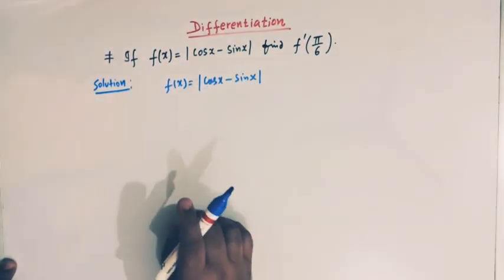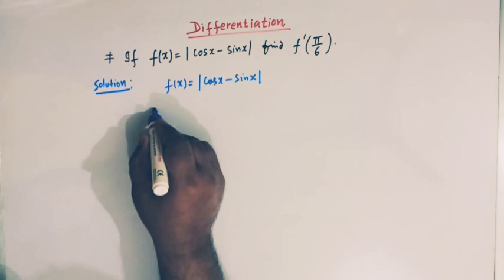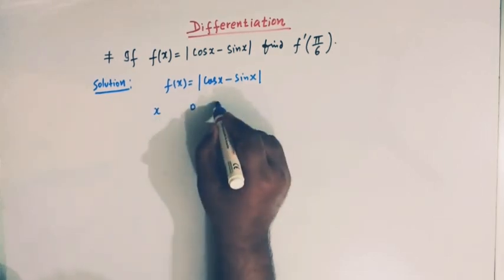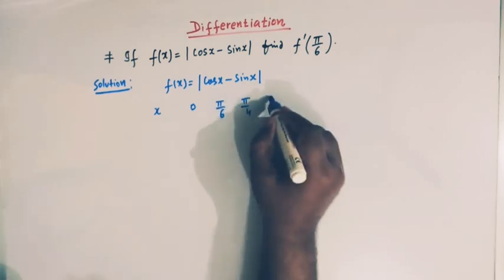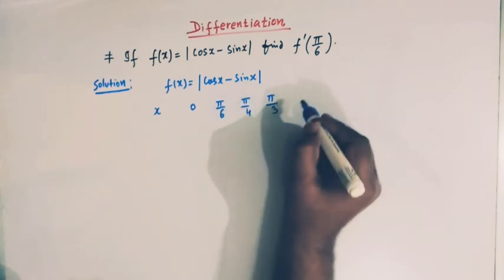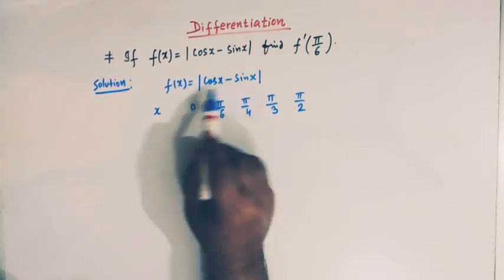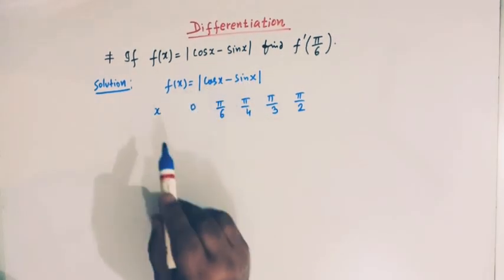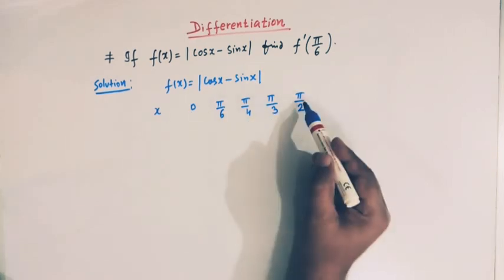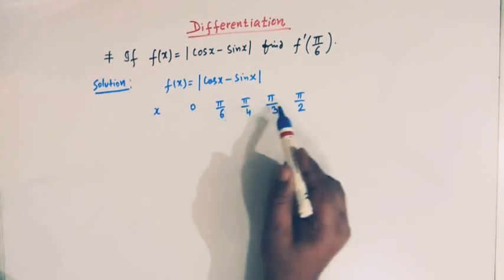Let us consider the values of the sine function and cosine function for x equal to 0, then π/6, π/4, π/3 and π/2. Here we'll consider the values from 0 to π/2, and we'll take only these selected angles.